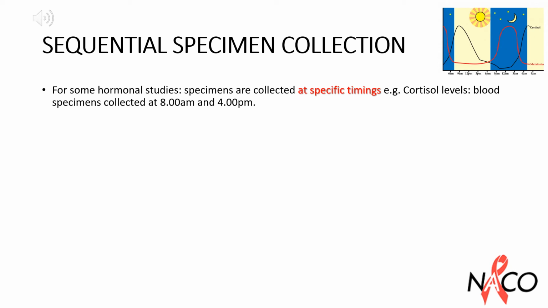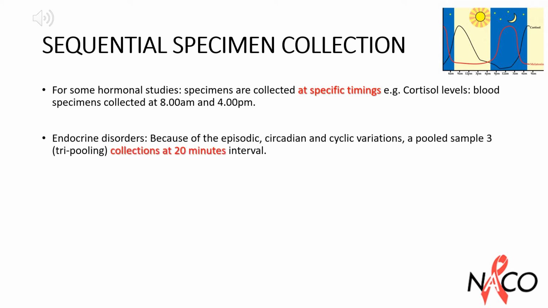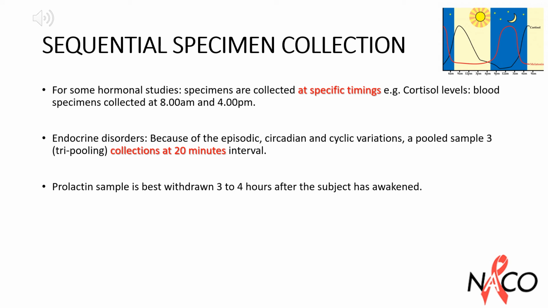For diagnosis of endocrine disorders, because of the episodic, circadian or biological clock and cyclical variations in the secretion of gonadotropin, a pooled sample is preferred which are drawn thrice at an interval of 20 minutes. Prolactin sample is best withdrawn 3 to 4 hours after the subject has awakened.